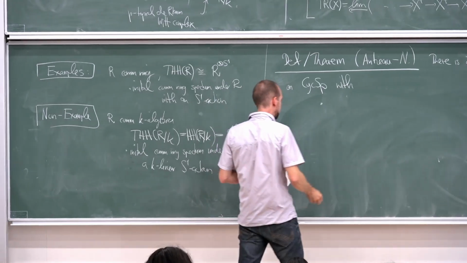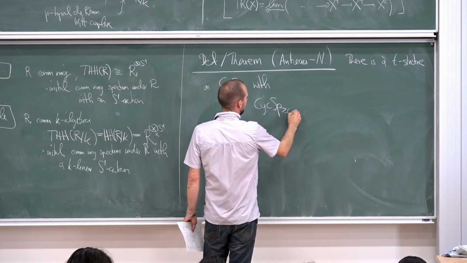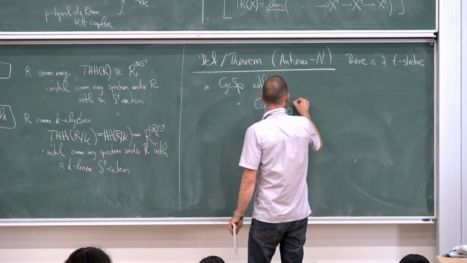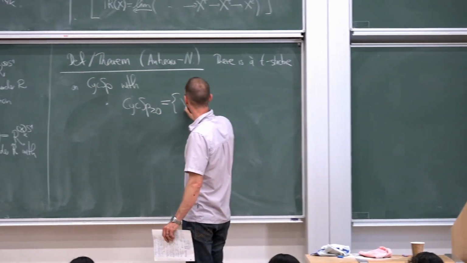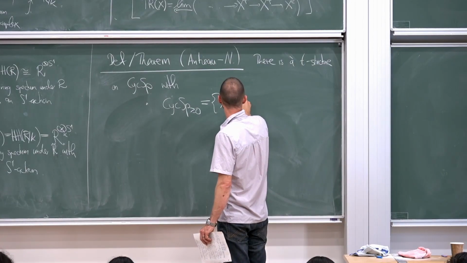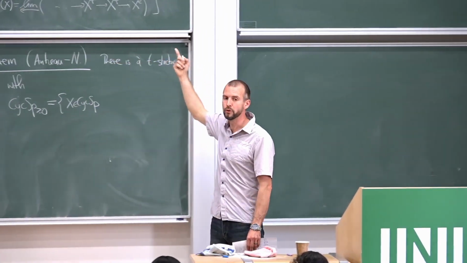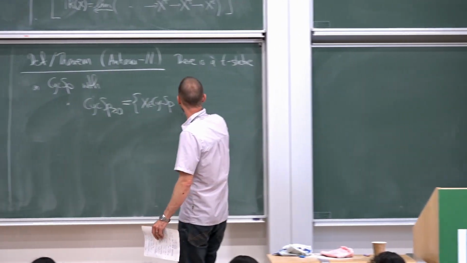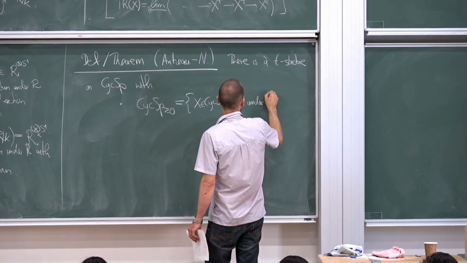First property is that the connective objects in this t-structure are those cyclotomic spectra. Remember, a cyclotomic spectrum is, among other things, a spectrum. And I'm just requiring that the underlying spectrum is connective.